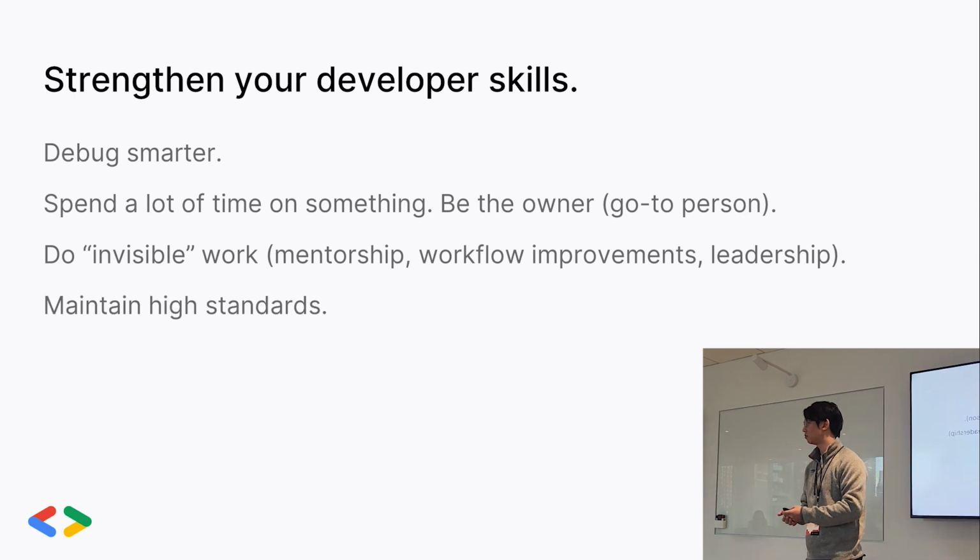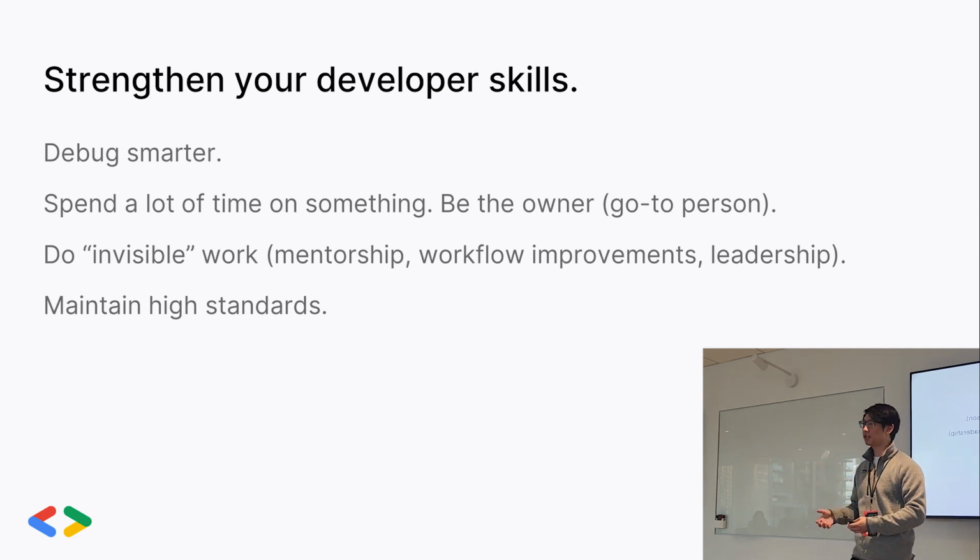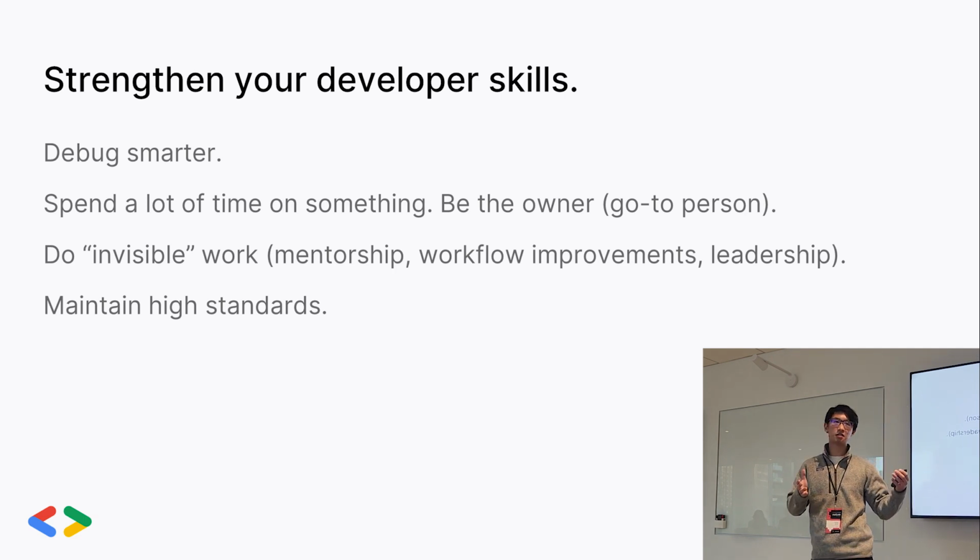Maintain high standards, right? When you're talking about things like code reviews, testing, verification, releases, you want to think about, how do I make sure this is the best quality, right? If people are constantly slipping up in code reviews, that needs to be addressed. You need to say, hey guys, this is a problem, right?